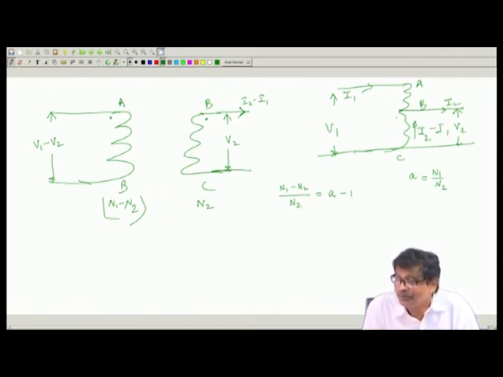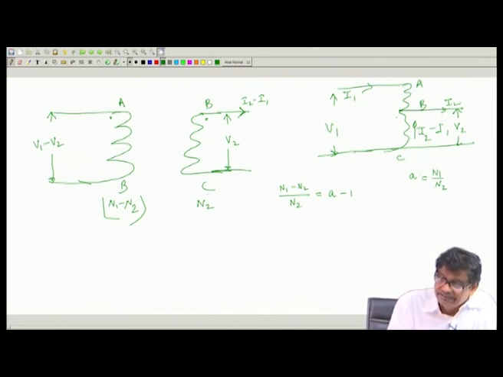Because as I told you, these coils are really unaware of whether it is connected like an auto transformer or like a 2 winding transformer. So, this is the thing, and if that be the case, then I will say that this is a transformer of ratio a minus 1 is to 1.